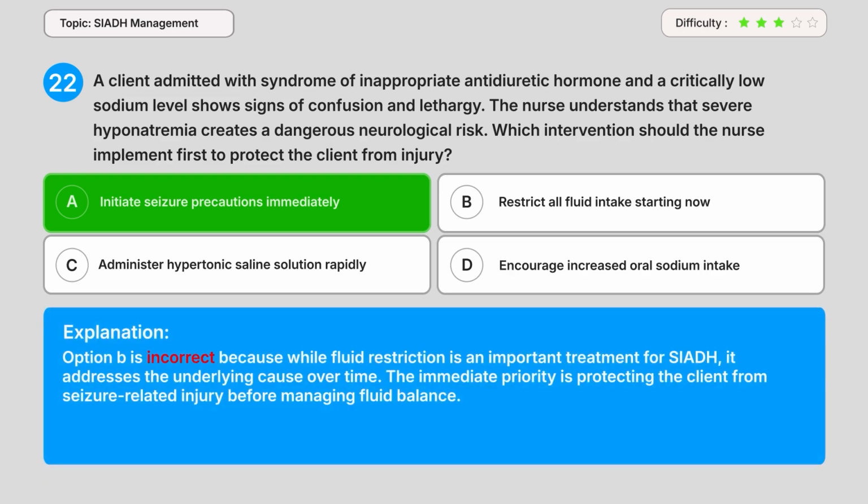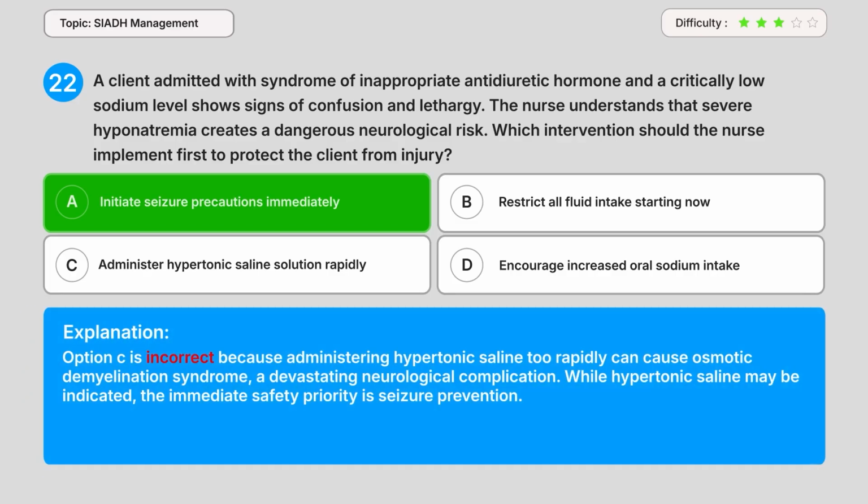Option B is incorrect because while fluid restriction is an important treatment for SIADH, it addresses the underlying cause over time. The immediate priority is protecting the client from seizure-related injury before managing fluid balance. Option C is incorrect because administering hypertonic saline too rapidly can cause osmotic demyelination syndrome, a devastating neurological complication.